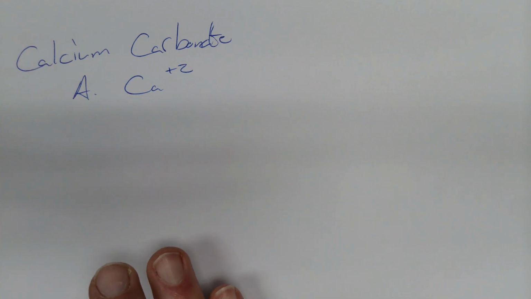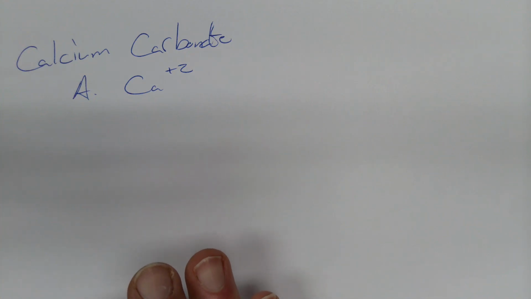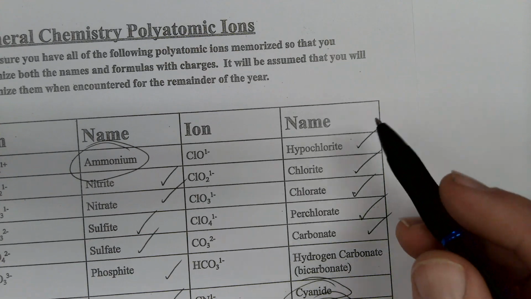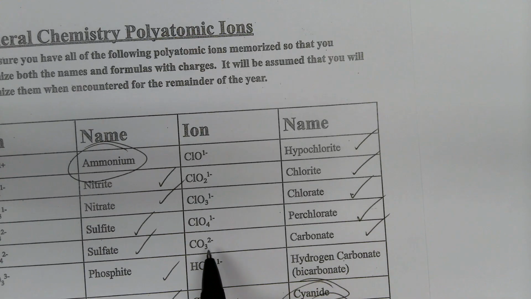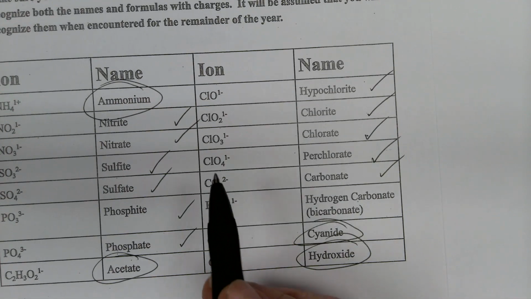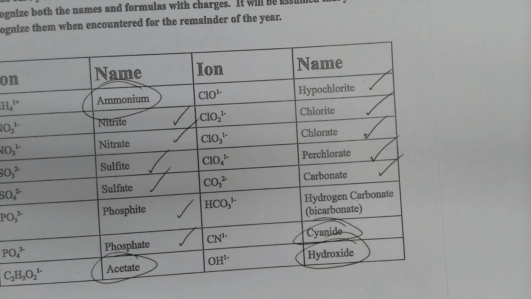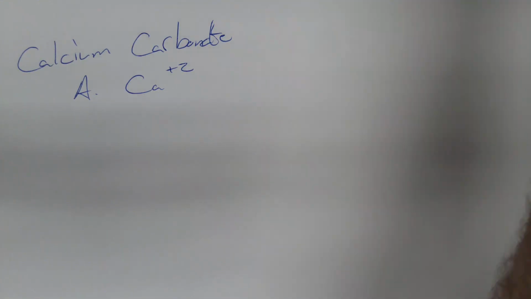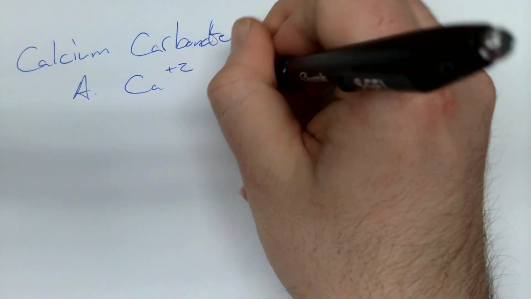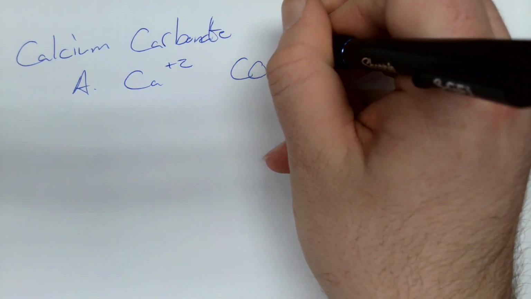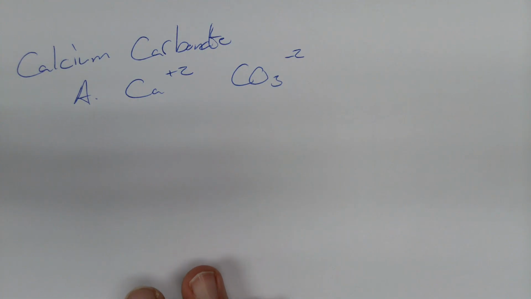Looking at my polyatomic ion sheet, which I have put somewhere. Here we go. I'm going to look up carbonate real fast. I see carbonate right here. The formula for that is CO3 minus 2.